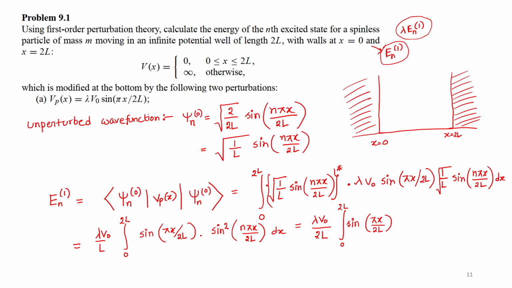Now I have taken 2L in the denominator, so I'm multiplying this as 2 sine square n pi x by 2L. And you already know, right? I will write it in a different color, that your 2 sine square theta is 1 minus cos 2 theta, right?